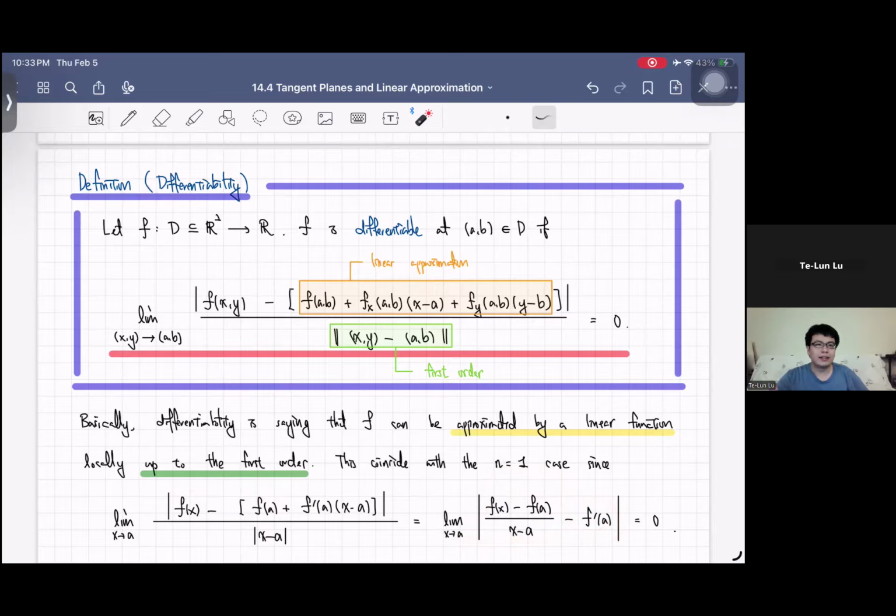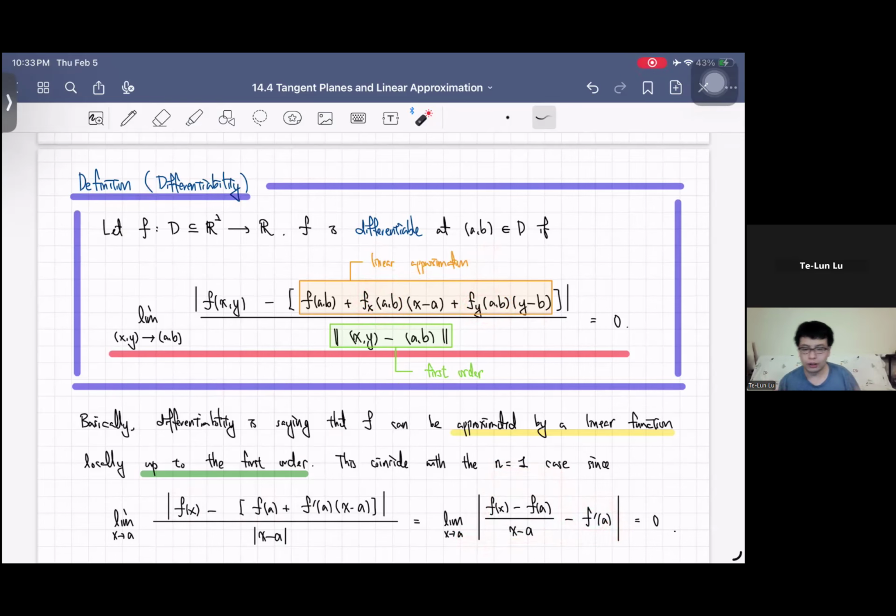So technically, there is a more general way to define differentiability, which is saying that there exists some constants L and M so that this kind of limit holds. And you can actually prove that L and M should be the corresponding partial derivatives in x and y.